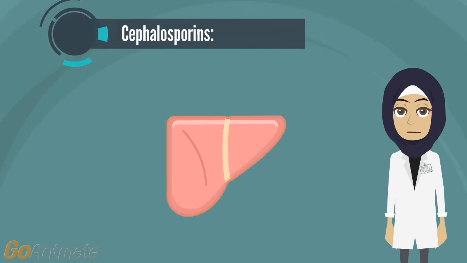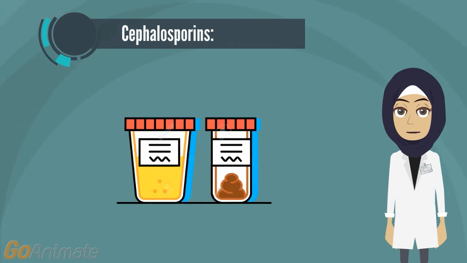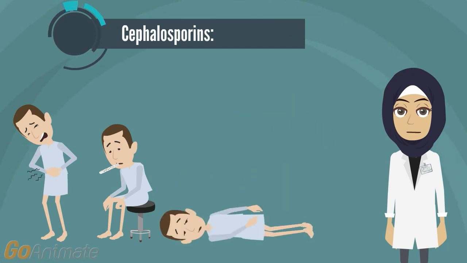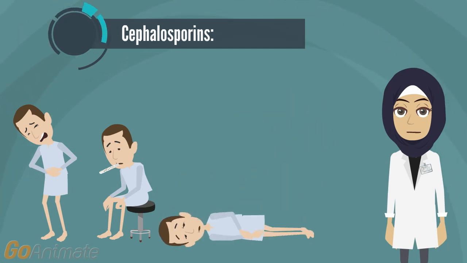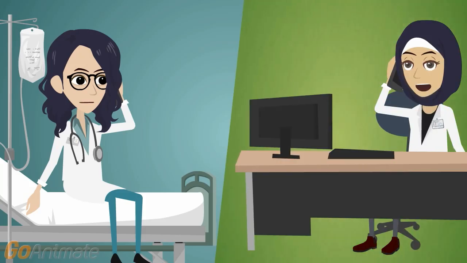Hepatic toxicity occurs rarely, usually as elevation in the transaminase level. More serious but infrequent reactions include black tarry stool, painful or difficult urination, antibiotic-induced colitis, severe watery diarrhea, severe stomach cramp, fever, and weakness. Okay, what about metronidazole?